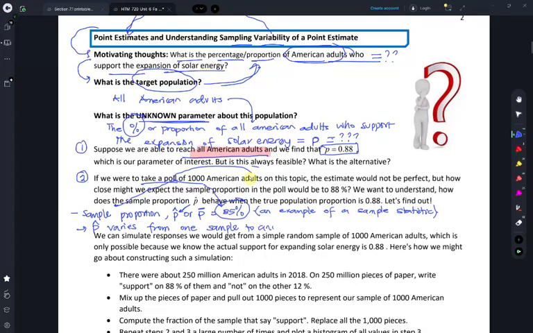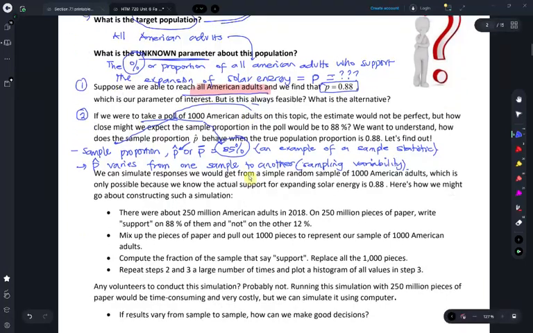This phenomenon, that the sample proportion of those who support the expansion of solar energy will vary from one sample of 1,000 American adults to another, is known as sampling variability. It will vary from one sample of 1,000 adults to another.